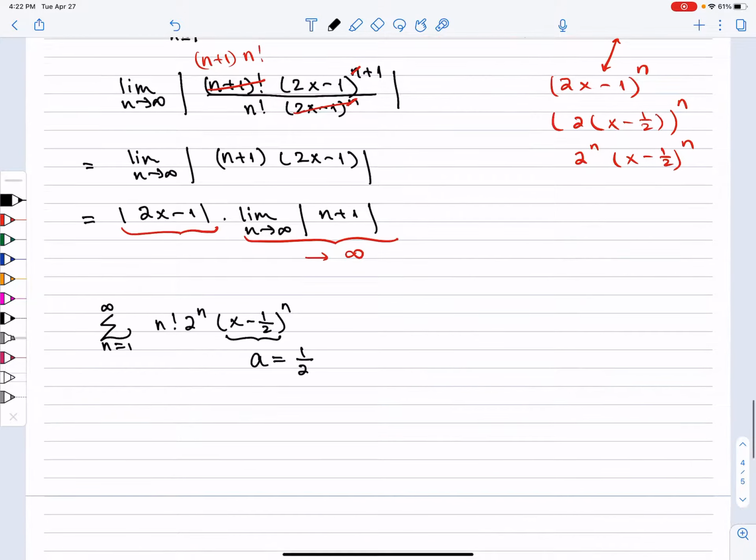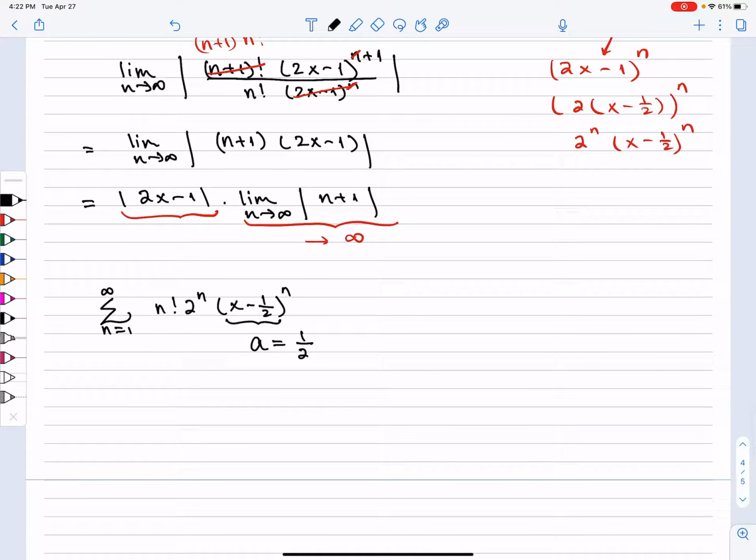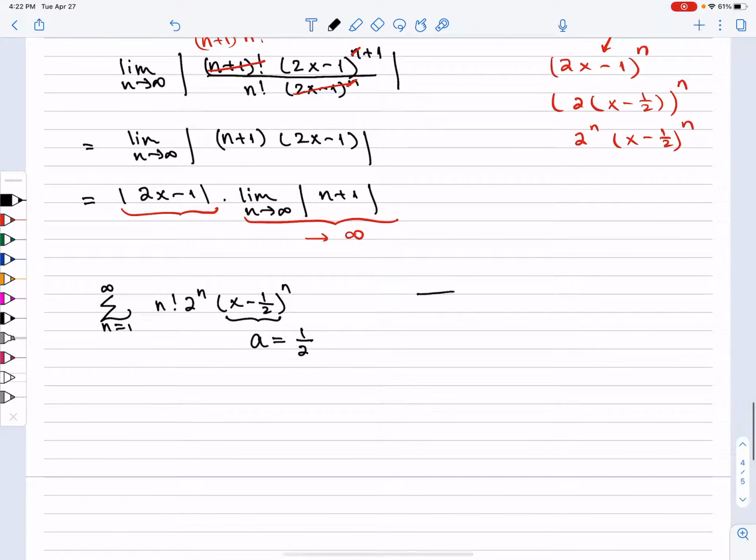So bringing it back to the center, the radius of convergence, and the interval of convergence. We are going to have the power series centered at 1/2, and the power series will only converge at 1/2.